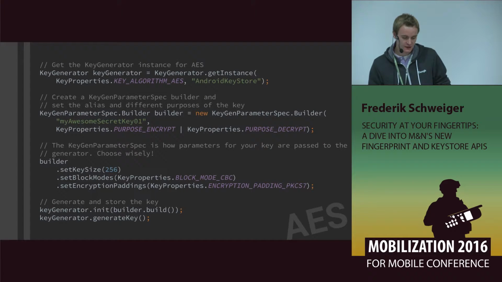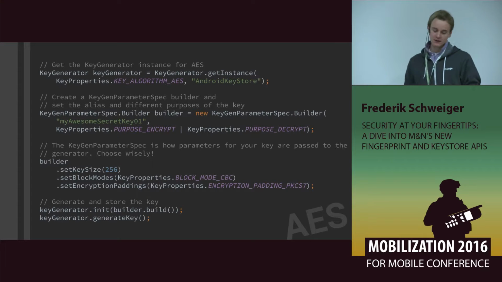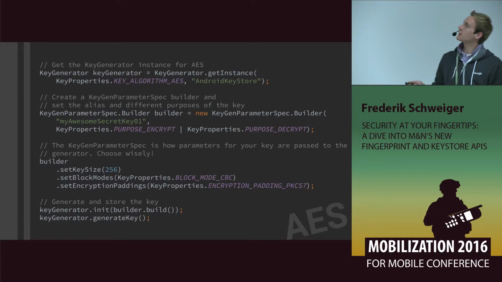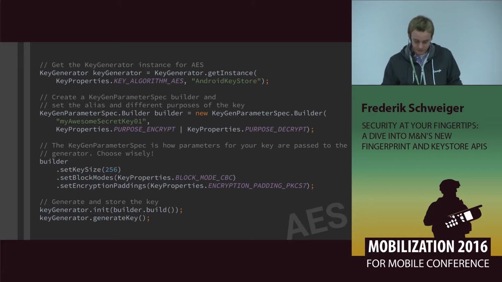So let's have a look at a short example to generate a symmetric AES key. This works like the following. You have the key generator, which is initialized by .getInstance, and then with the key properties AES algorithm, key algorithm AES, and then the Android Keystore as a provider.